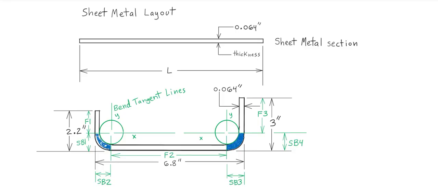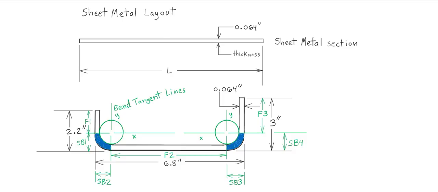So now we've isolated the flats and the bend allowances, and then the only thing we have left to isolate are the setbacks. So of course that's the visual depiction, but then we have to actually calculate this. So we'll get to the formulas in a second here.